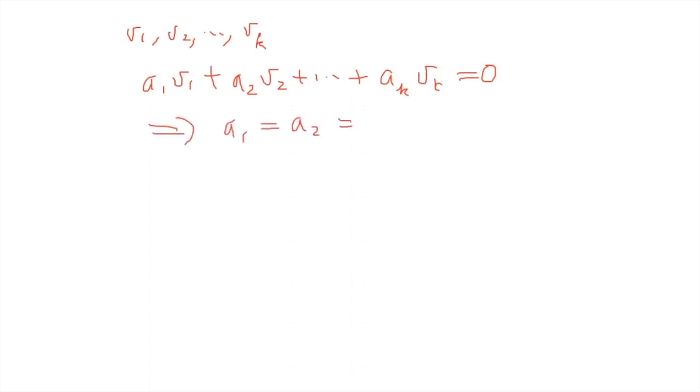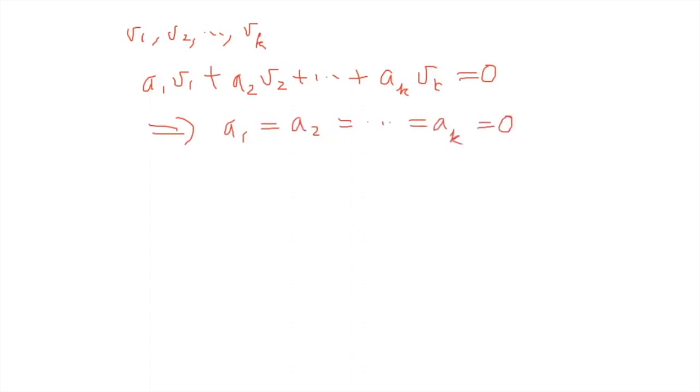What it means is that if you look at this linear equation, a1V1 + a2V2 + ... + akVk equal to 0, where of course this is the zero vector, then we must have a1 equal to a2 equal to ak equal to 0.